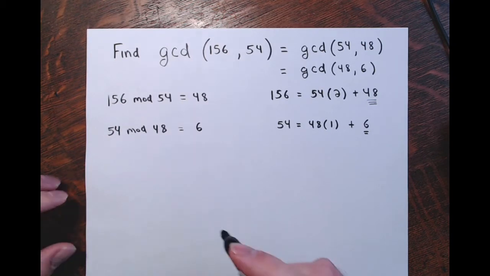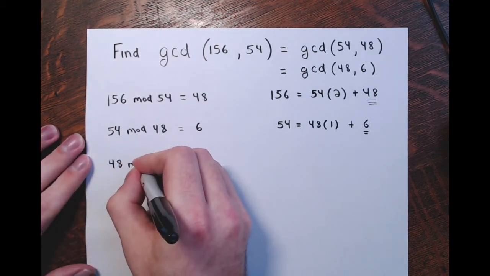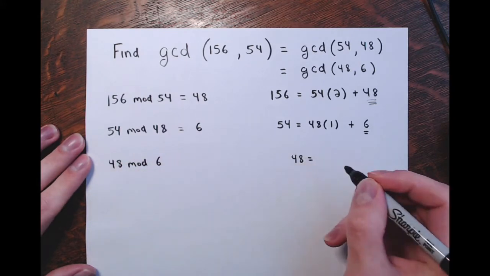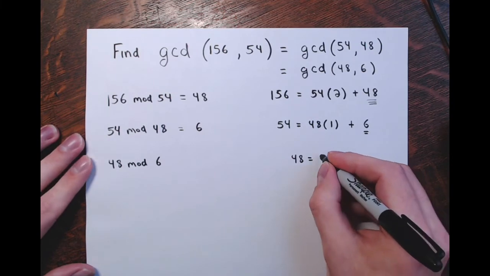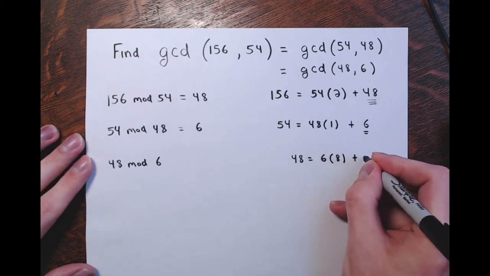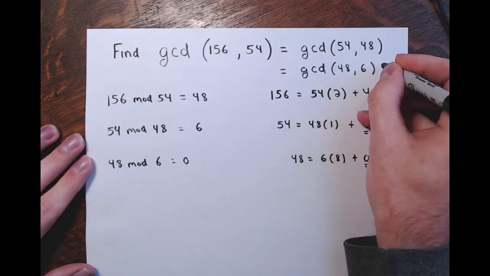And then what's 48 mod 6? That's 0, right? Because 48 is a multiple of 6. 48 is 6 times 8 plus 0. So I'm going to stop here.